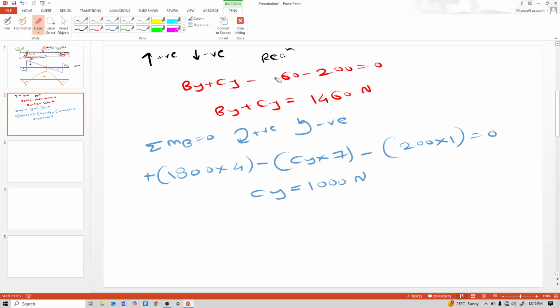Here it is also 1800. If the reaction is wrong, then the SFD is wrong, then the BMD is wrong. Take care while calculating reactions. So put this Cy in equation 1. By is equal to 1000 Newton.